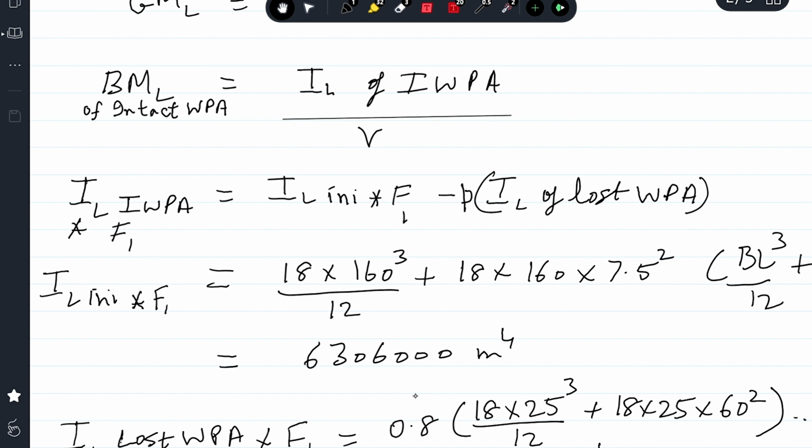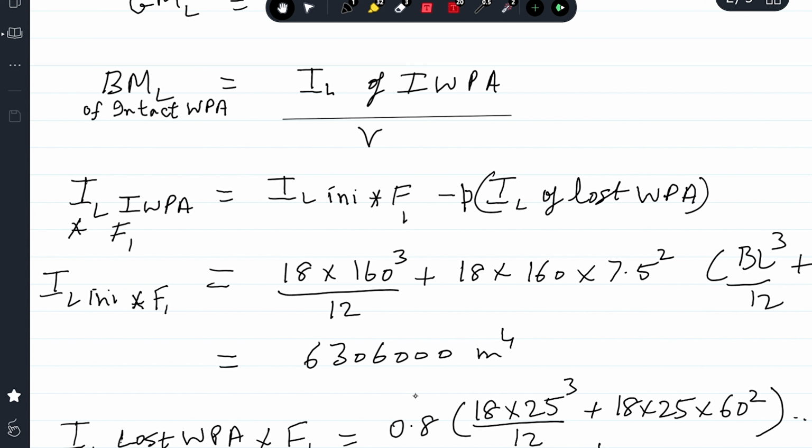IL of the initial water plane area means the total water plane area about F1. See, BL cube upon 12, that initial breadth and length of the water plane area total, BL cube upon 12 will give me the moment of inertia about the axis passing through the original center of rotation.